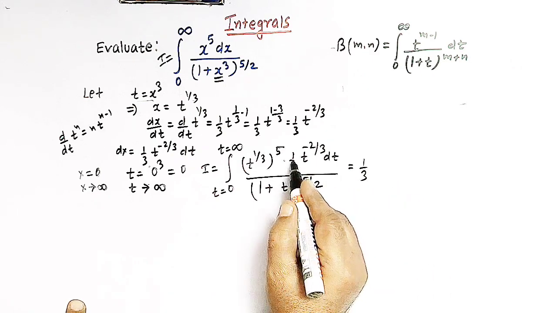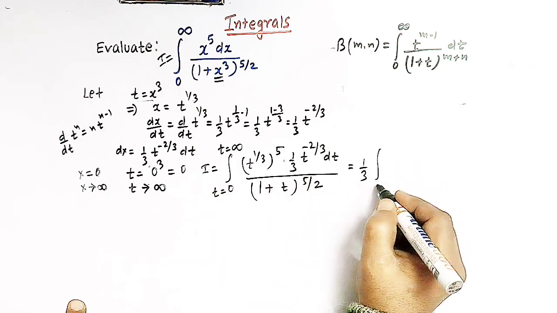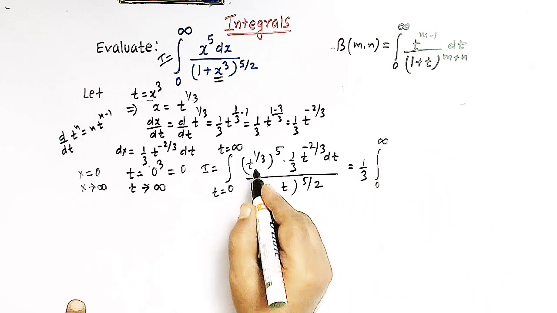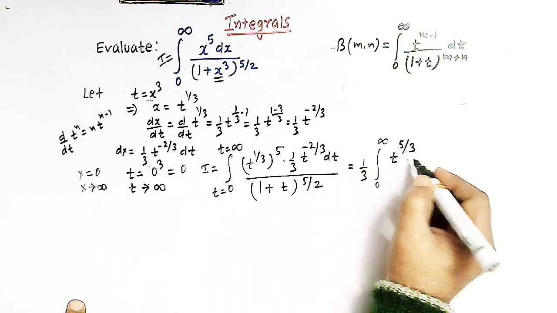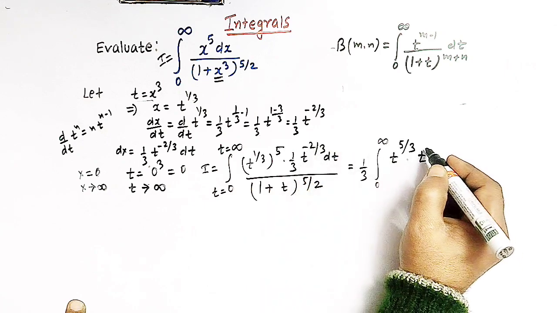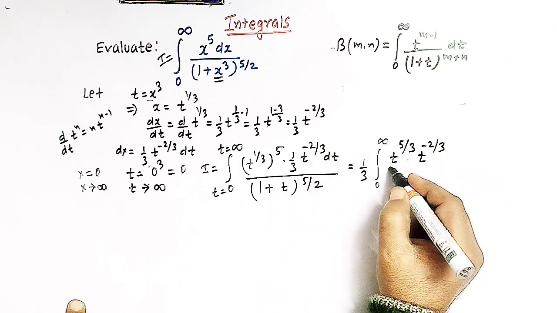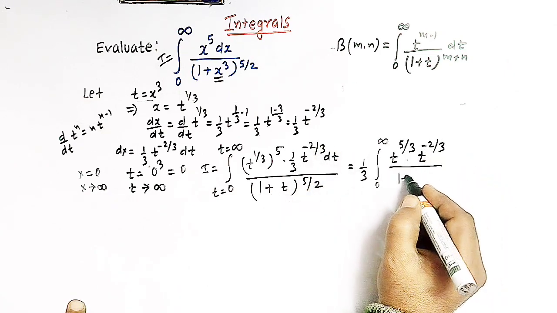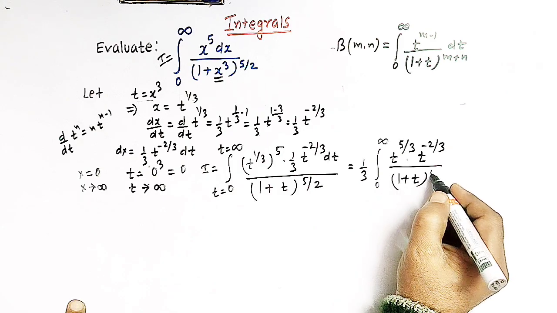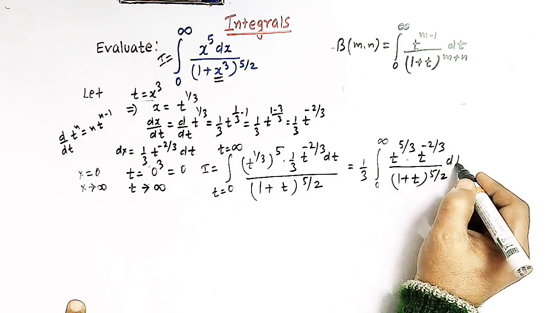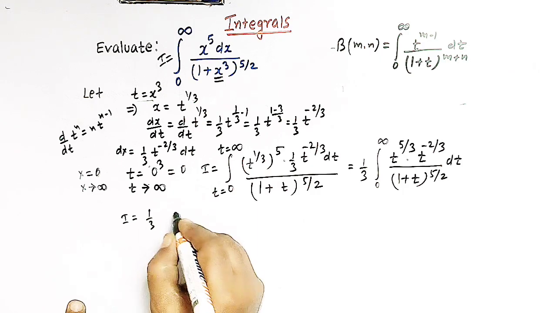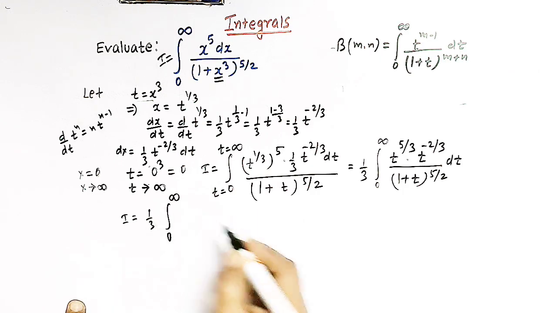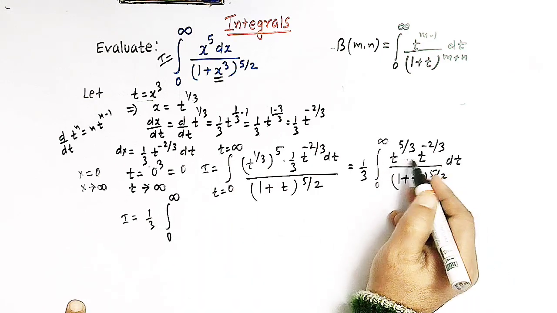So we can take 1 over 3 outside the integral. We have 0 to infinity. Then here we have t raised to 5 over 3, and here we have t raised to minus 2 over 3, and here we have 1 plus t raised to 5 over 2 and dt. So now we can write I is equal to 1 over 3, 0 to infinity, and here we can apply the laws of exponents.